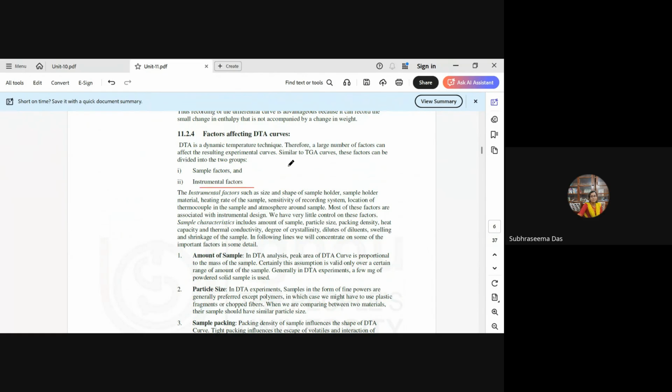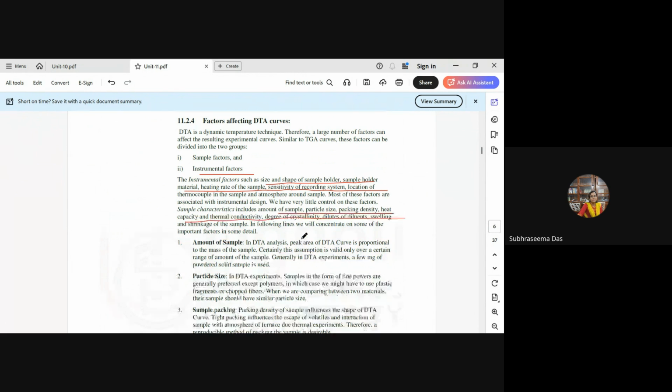The instrumental factors include the shape and size of the sample holder, the sample holder material, heating rate of the sample, sensitivity of the recording system, the location of the thermocouple, and so on. The sample characteristics also influence the DTA curve, like the amount of sample, particle size, packing density, heat capacity, thermal conductivity, degree of crystallinity, and so on.